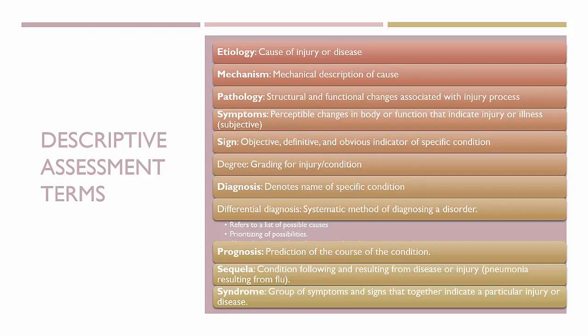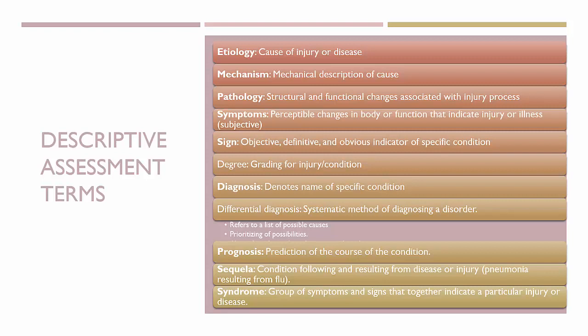A degree is the grading for an injury or a condition, and the diagnosis denotes the name of a specific condition. A differential diagnosis is a systematic method of diagnosing a disorder. This refers to a list of possible causes, prioritizing the possibilities.